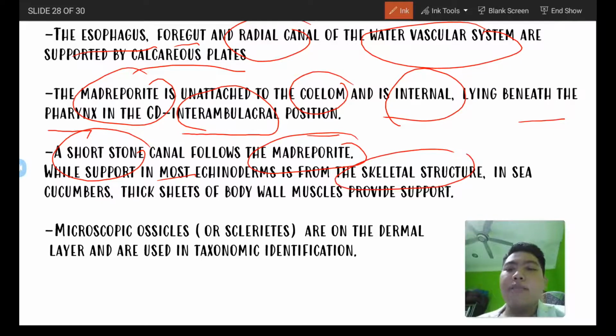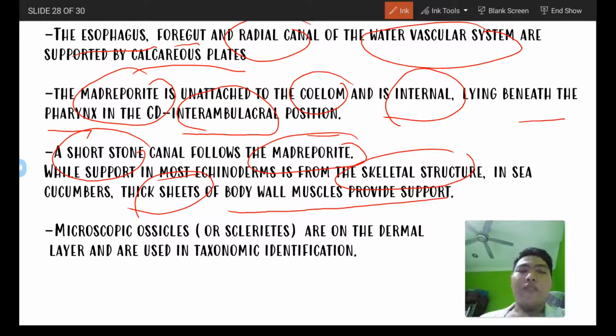In sea cucumbers, thick sheets of body muscle provide the support. For other echinoderms, they use their skeletal structure, like the calcareous plates, the calcium carbonate plates, and the calcite ossicles.